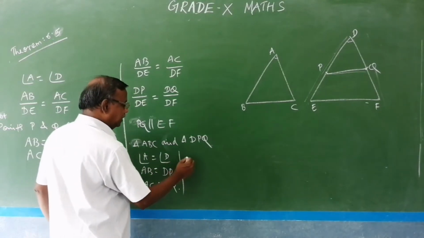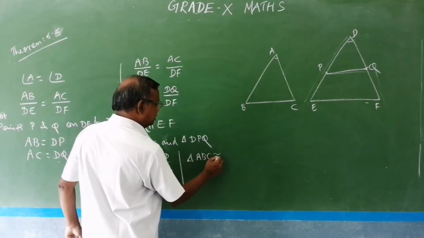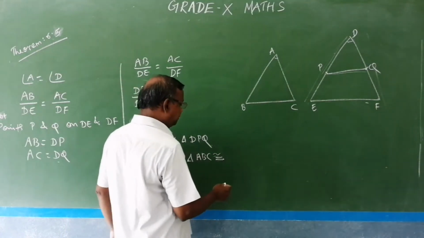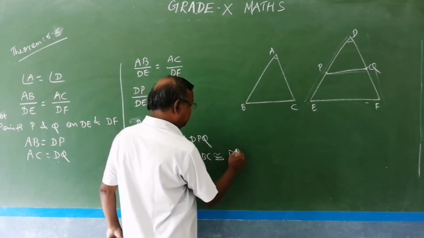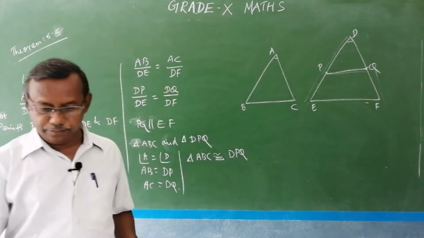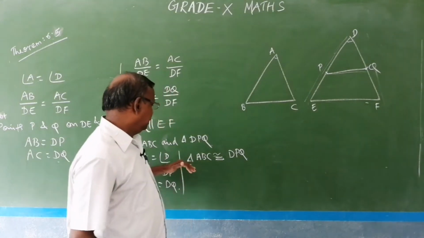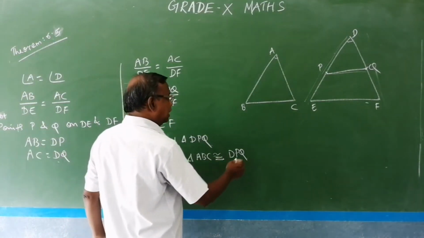Therefore, by the SAS congruency criterion, triangle ABC is congruent to triangle DPQ.